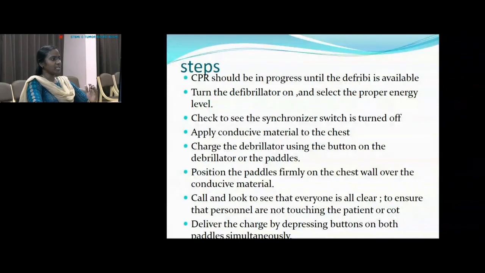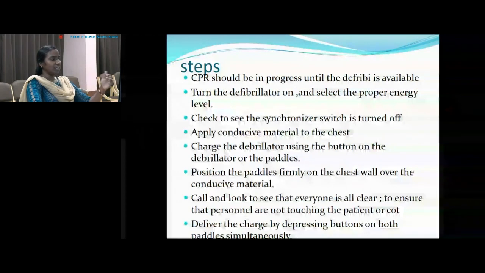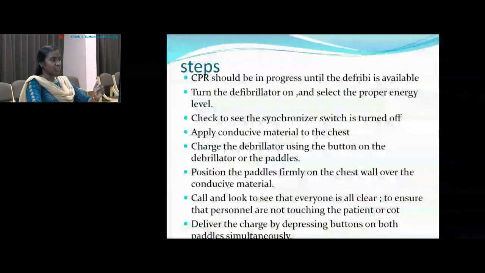Once the defibrillator has reached, turn it on, select the proper energy level, and check that the synchronizer switch is turned off. When you give cardioversion, the synchronizer switch should be switched on. When we give defibrillation, the synchronizer switch should be turned off. This should be ensured before administering defibrillation.